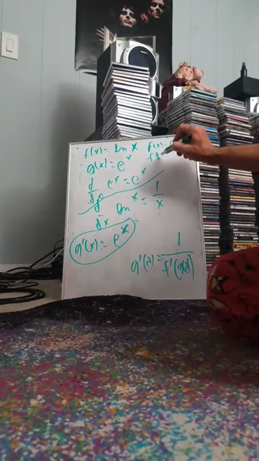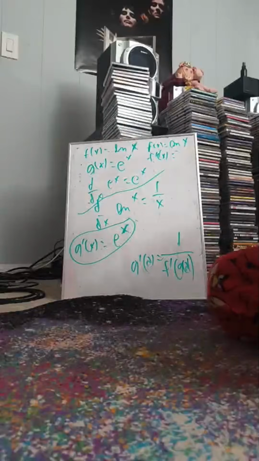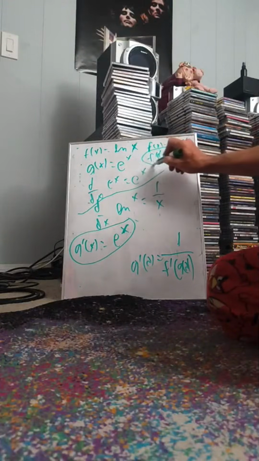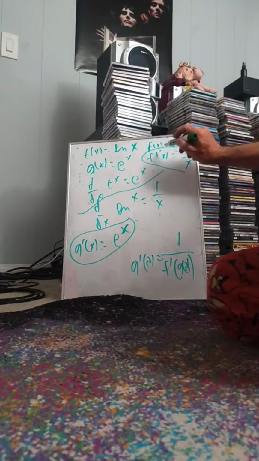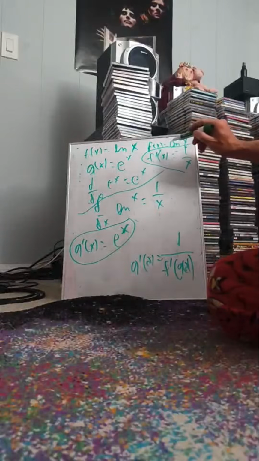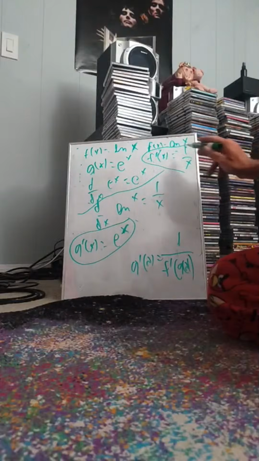That's just the formula. So f prime of x is 1 over x.